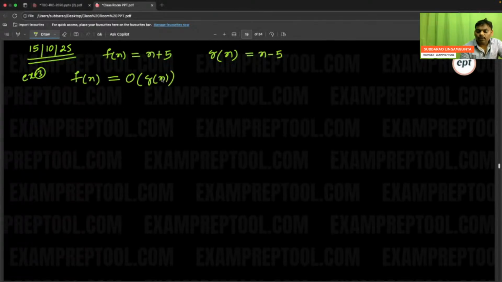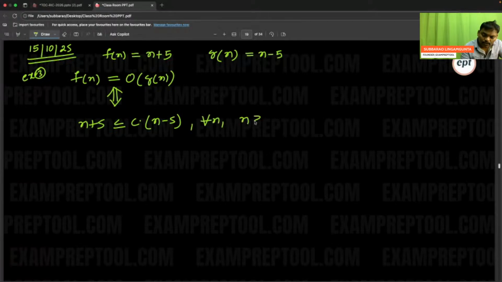I want to prove f of n is big O of g of n. If you want to prove this, you have to satisfy f of n, that is n plus 5, less than or equal to some c into g of n, n minus 5, for all n greater than or equal to n0.